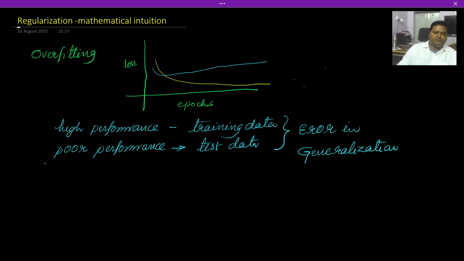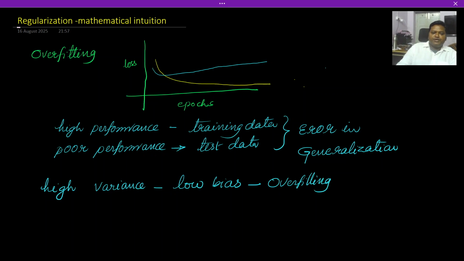So what is the reason for this? High variance and low bias. This is overfitting. And what is underfitting?